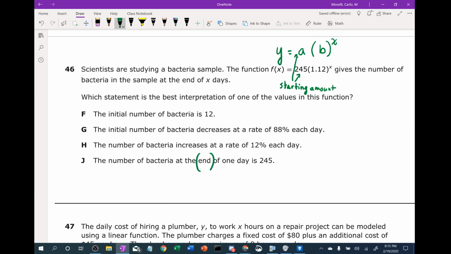The word end tells you this is the ending value. So we said that it started at 245. So is it true that it ends at 245?